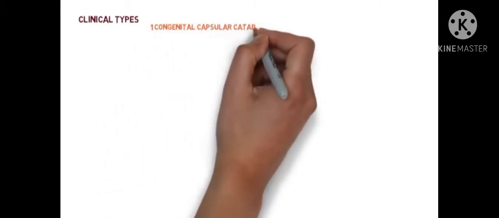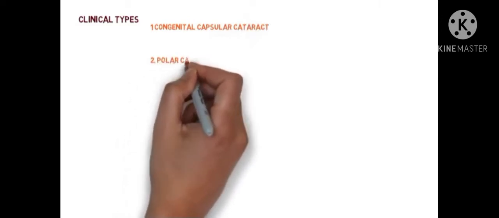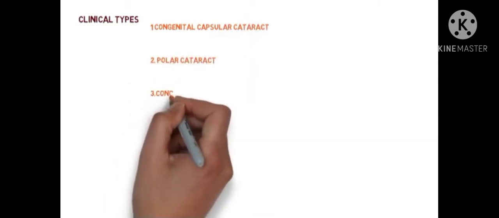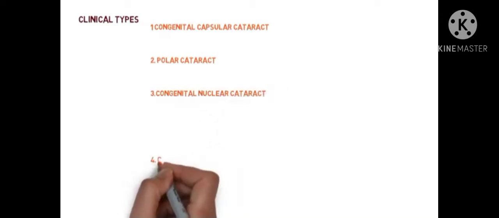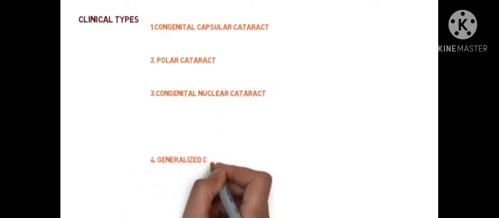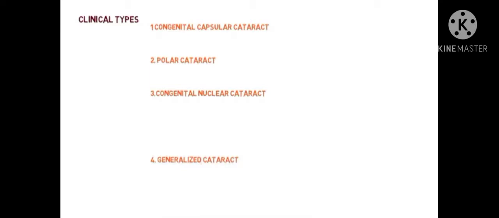Now, moving toward the next topic, that is clinical types. In congenital cataract, there is congenital capsular cataract, there can be polar cataract, congenital nuclear cataract, or generalized cataract. There are subtypes.